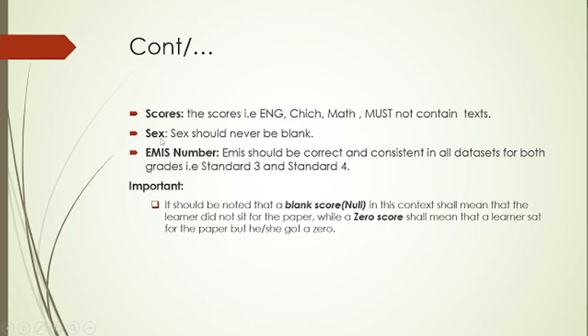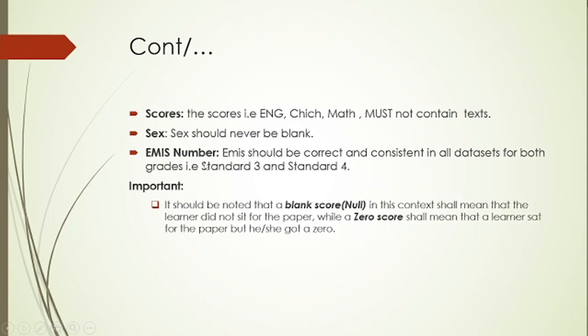Then sex should never be blank, for us to have the correct results, because there is a function which calculates the number of boys and number of girls separately. So if you miss a sex for a certain learner, the calculation will be incorrect. Then MS numbers must be correct and consistent in all data sets for both standard 3 and standard 4.